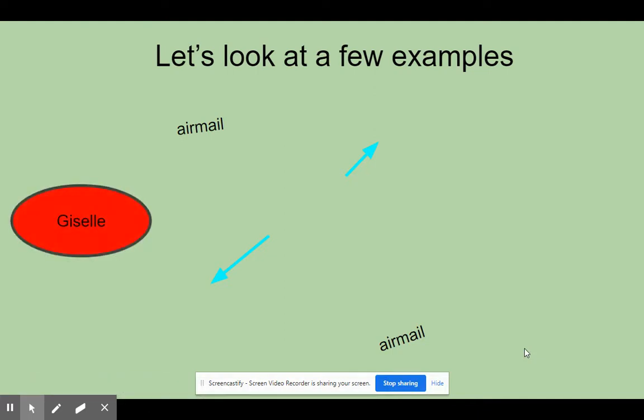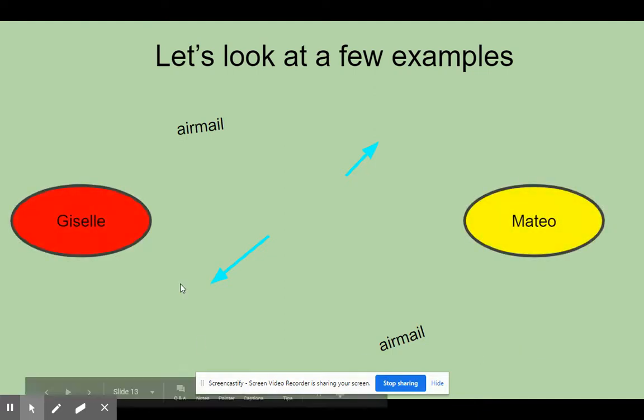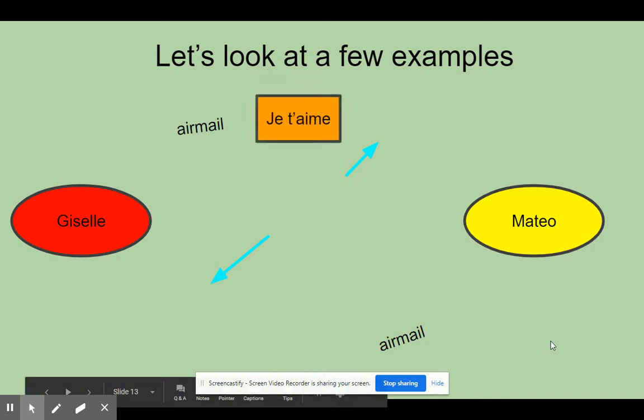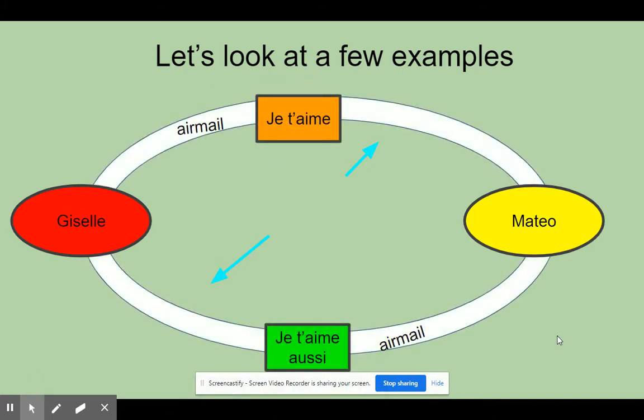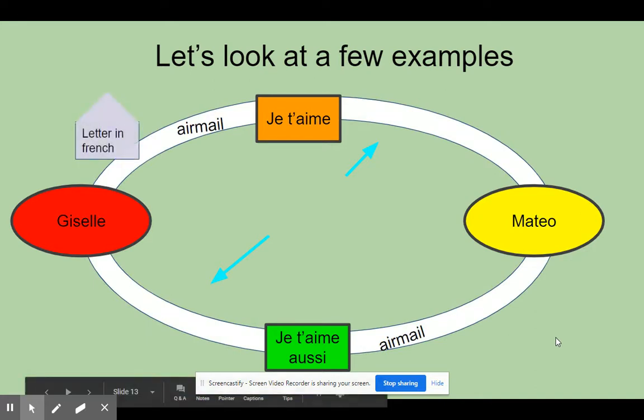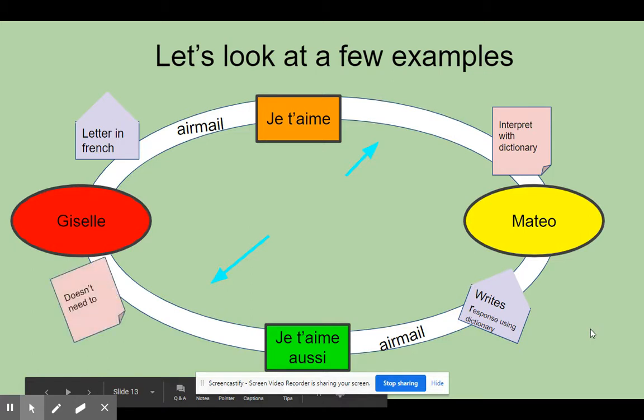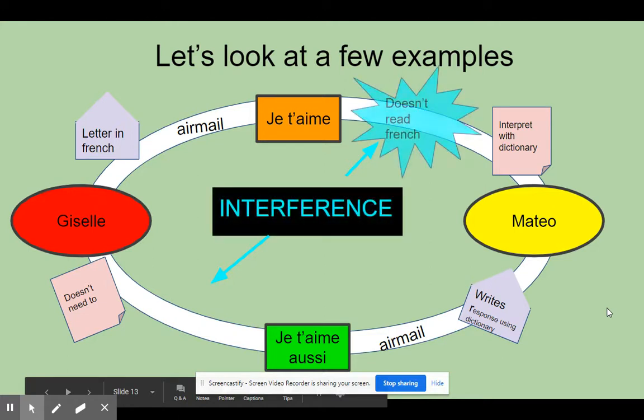Okay, so Giselle, sender, Matteo, receiver, Je t'aime message, Je t'aime aussi is the feedback. The channel is airmail. The encoding is letter in French. The decoding is interpret with dictionary. The encoding is writes a response using dictionary and doesn't need to decode it because she understands French. So the interference is doesn't read French.